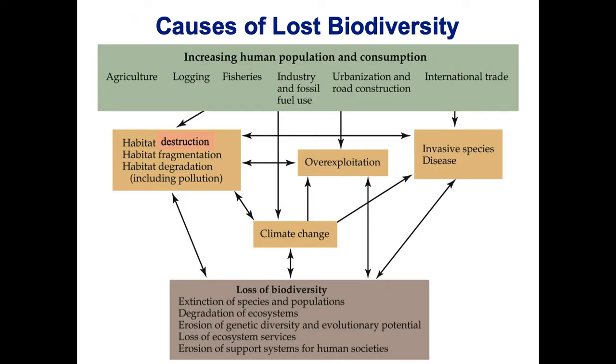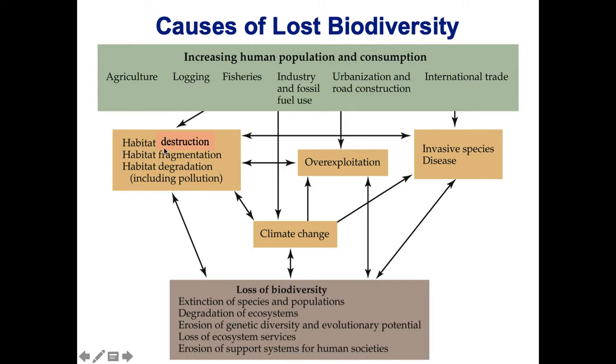So causes of lost biodiversity, you can see this is kind of a diagram that puts them all into context. At the top we have increasing human population and consumption. What's necessary for this large human population and the amount of consumption that we currently do are ecological footprints, agriculture, logging, fisheries. Right now, our economy is based on fossil fuel use, but also industry, urbanization and road construction, and international trade.